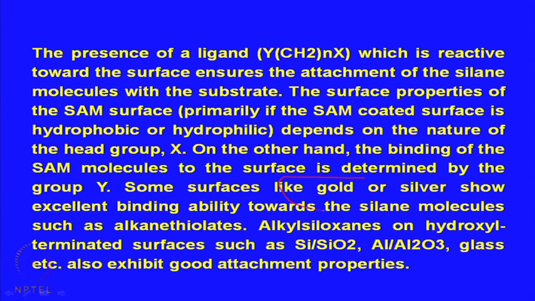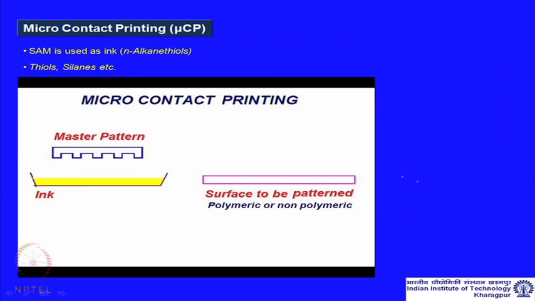This is important. Many times you have to coat a surface with gold or silver because they show excellent binding ability towards the silane molecules, which are alkane thiolates, alkyl siloxanes or hydroxyl terminated surfaces, etc. Glass also can be used.